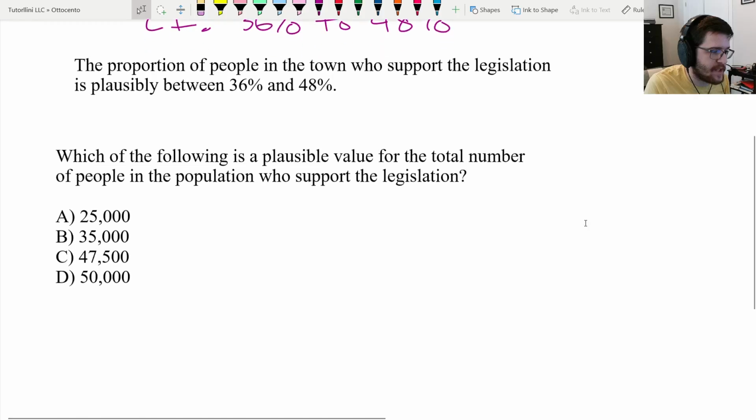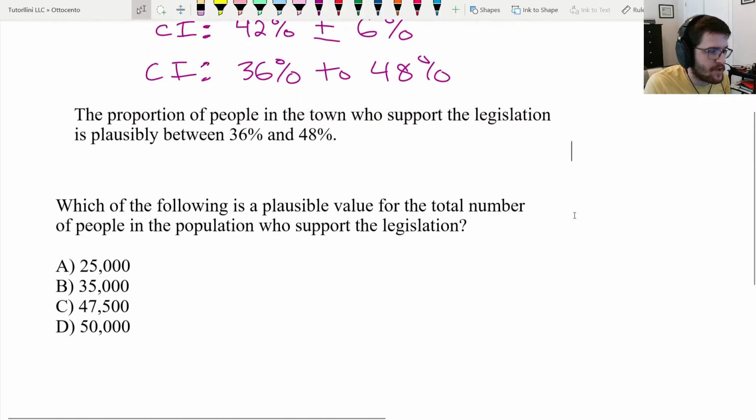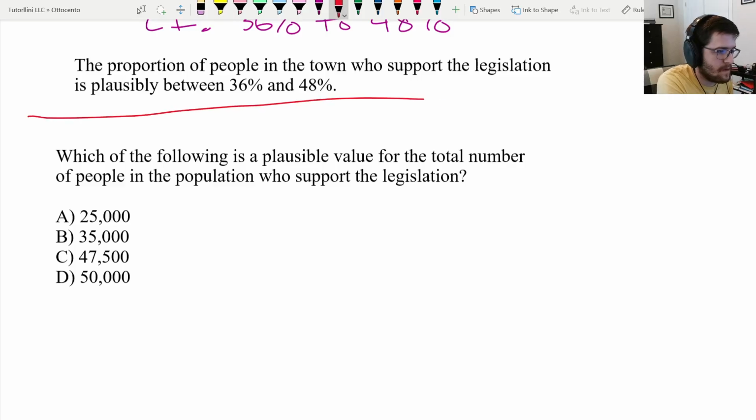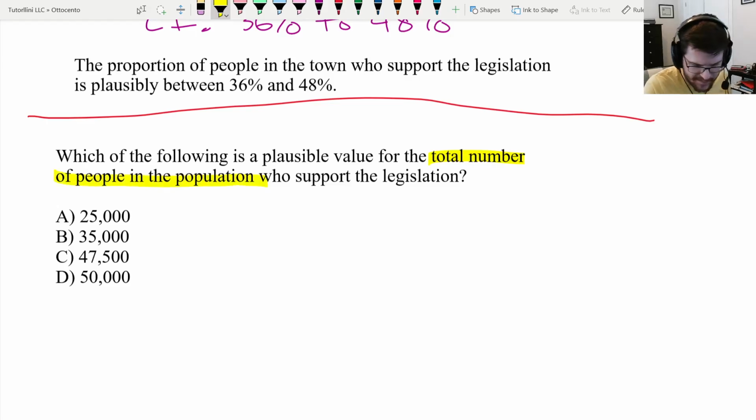Okay, let's look at this second part. So notice how it doesn't want us to find a plausible value for the proportion. It wants us to find a plausible value for the total number of people in the population.